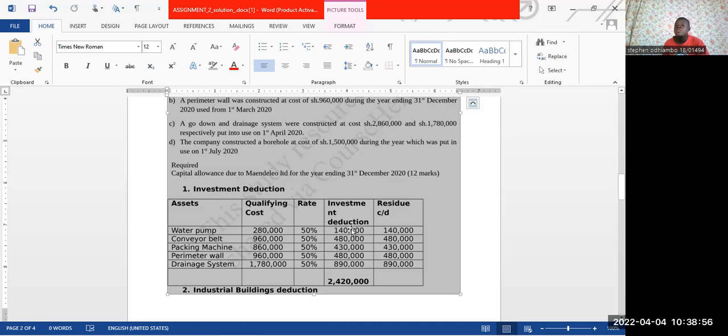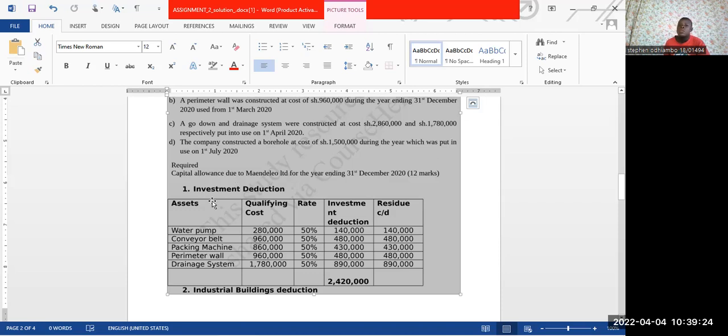And it applies to all other investment deductions. The residue is what is remaining after deduction. So if you take 140,000 and subtract it from 280,000, you will be remaining with 140,000, and that applies to all the same.